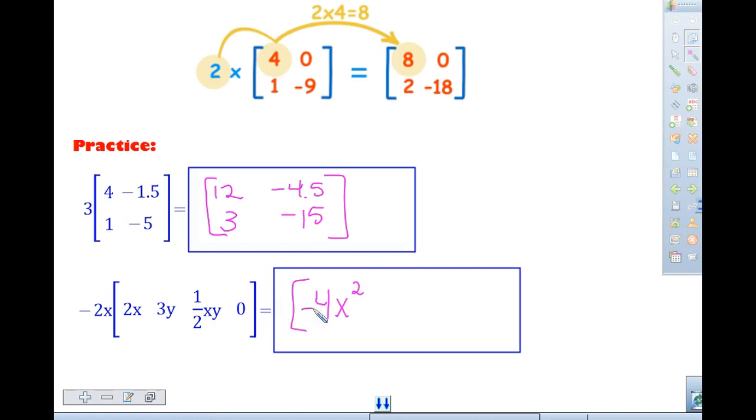Usually when we have more than one variable, we keep it alphabetic. Yes? So if I was multiplying this out, I have negative 2x times 2x. This is x to the first, and this is x to the first, agree? So I have negative 4, and then I have x times x, but we don't like writing x times x, so how many x's? X squared, good question.